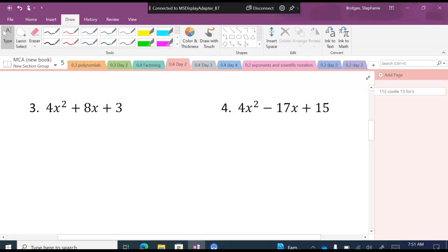About 4? Are 4 and 1 the only pair of factors for 4? What else? If 4 and 1 don't work, what else could we try? 2 and 2.